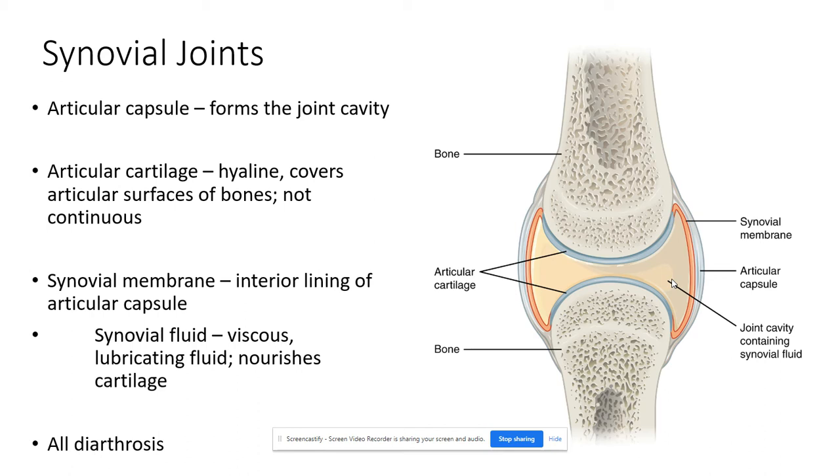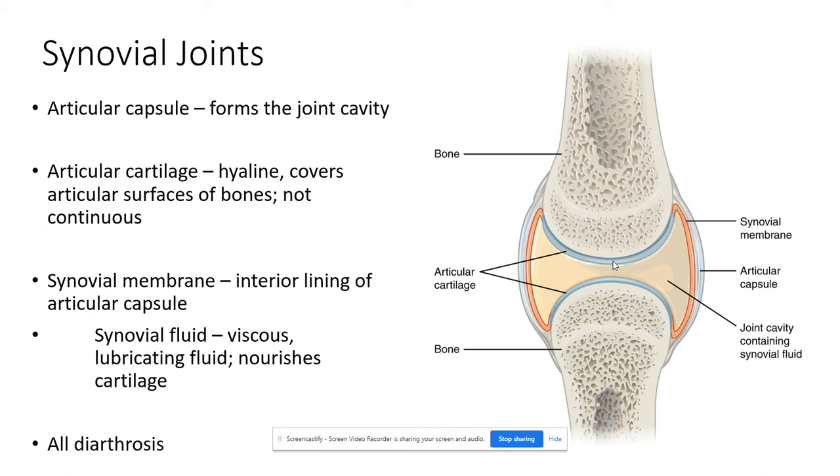The next one that would fall under our structural category are the synovial joints. So several parts of the synovial type of joint have been identified in this image. You have your articular capsule, which is located here, which is what forms the joint cavity. The articular cartilage, which can be hyaline cartilage, covers the articular surfaces of the bones.